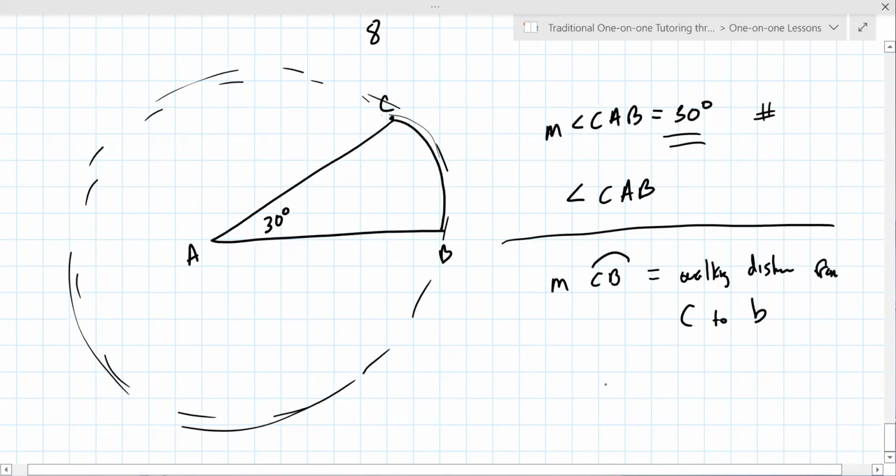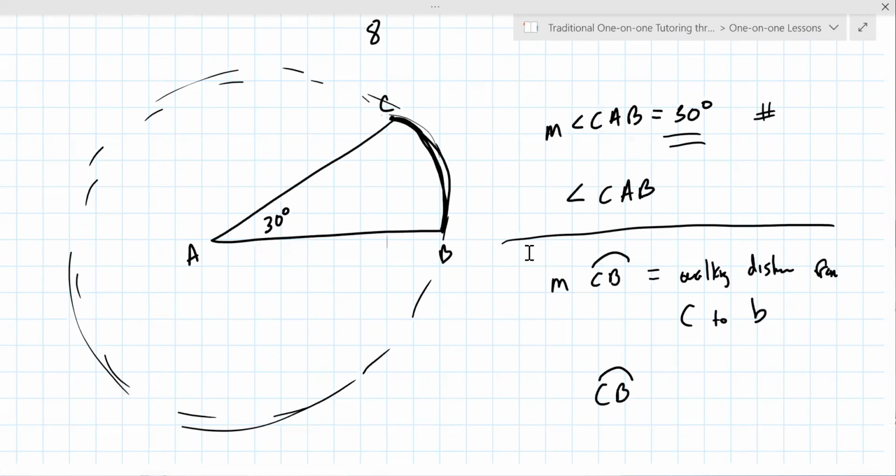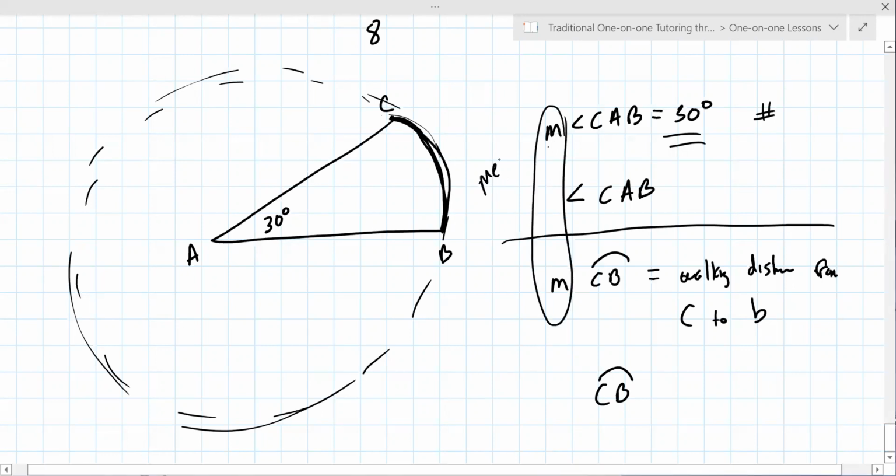But if I'm just asking about CB, I'm literally just referring to this piece here, but not the distance. So if this little m means measure of, it means give me a number. The m is what means measure of, and you'll start seeing more of that.